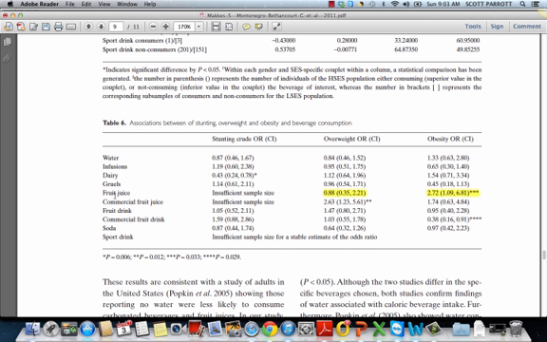So here's the Mackey article that we looked at earlier. And here we see they're looking at the relationship between fruit juice intake and the likelihood of being overweight or obese. But we need to notice something important, and that is, how do they actually break fruit juice up? Is it measured continuously?